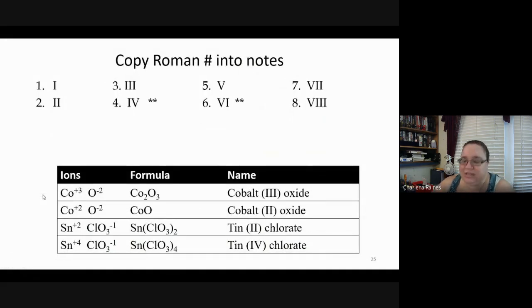And we will actually end this lesson by showing you some examples of some of the names for our type 2 ionic, with Miss Raines asking y'all to get those Roman numerals into your notes because you will need them come tomorrow. But we're ending up today just looking at those type 2s and noticing what is the same from what we've seen on Monday and Tuesday versus what is different.